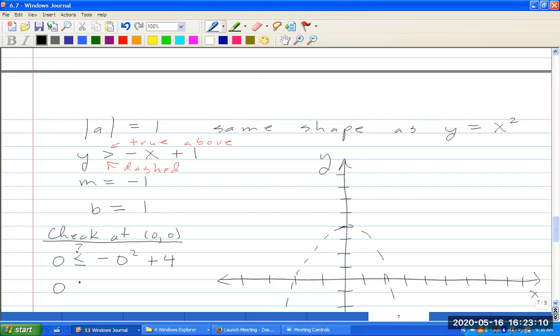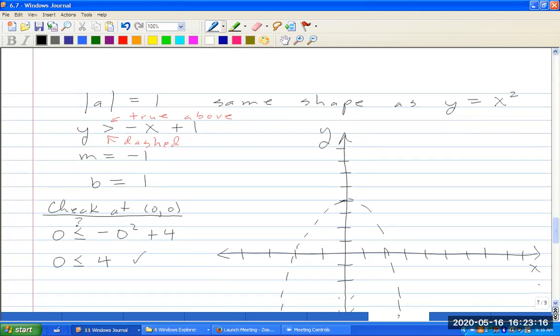Well, is 0 less than or equal to 4? Yes. So that means that this is true in this region where it's pointing towards the origin. So it's true at the origin.